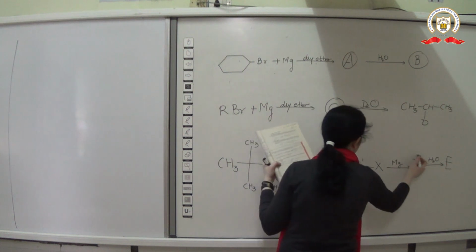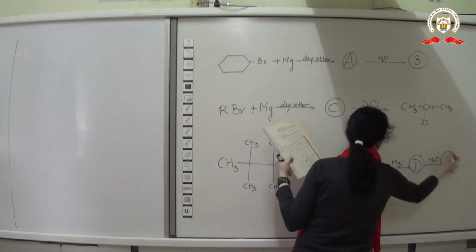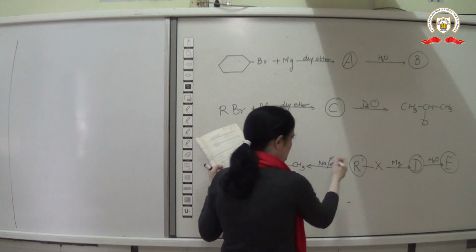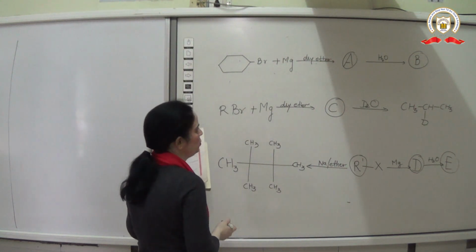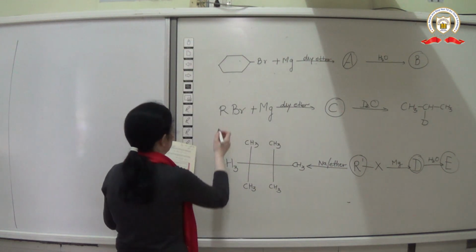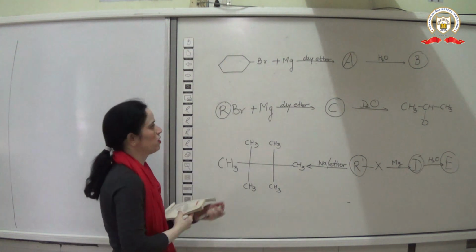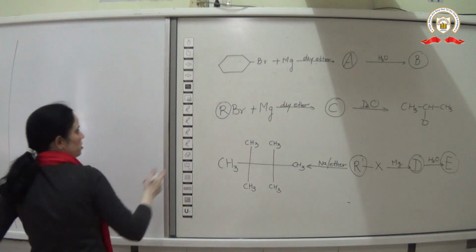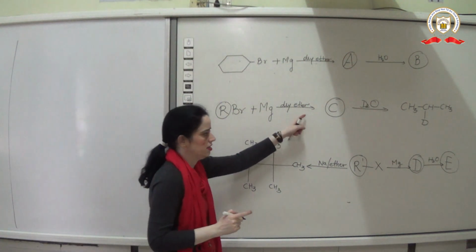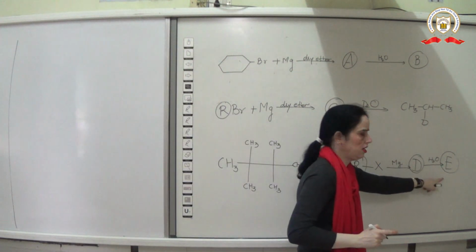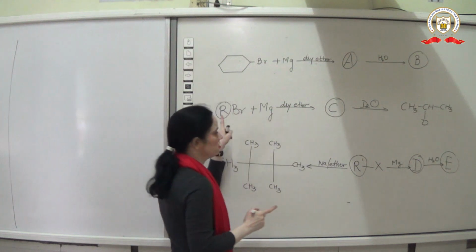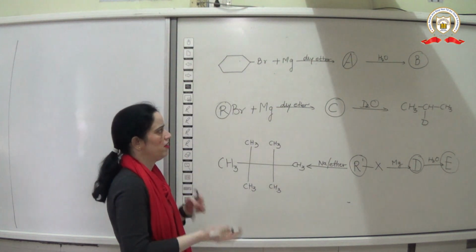Okay, what we have to determine here is, I am encircling those parts which we have to determine. So we are going to find out A, B, C, D, E, R dash and R. Okay, revising the topic.